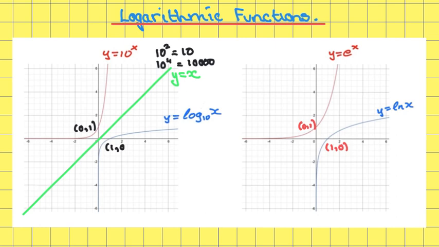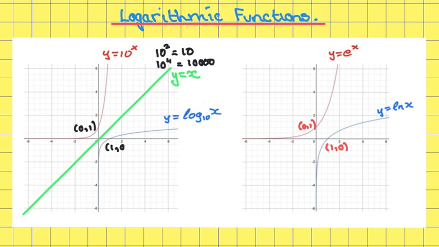Again, if you look at the two graphs, the exponential graph has a horizontal asymptote at y equals 0, which is the x-axis, and the natural log of x has a vertical asymptote at the y-axis, which is the point x equals 0.